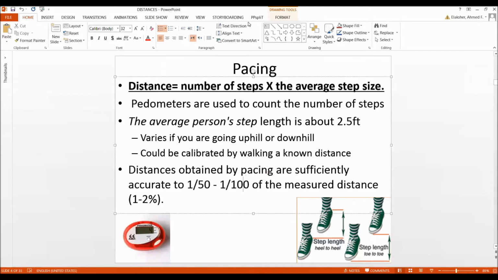What does this mean? That's something important we need to understand in surveying, the relative precision. So let me clear the board here. Let's assume I have this line here, and I measure the distance between the 2 points, and the distance that I found was 300 feet. If my precision is 1 to 50, that means every 50 feet, I will be off plus or minus 1 foot.